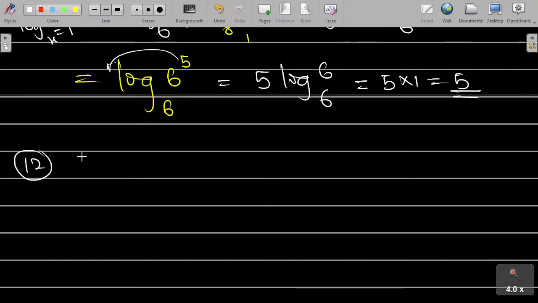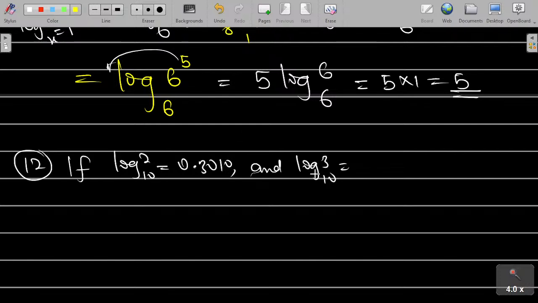So for number 12, it's also logarithm. We are given that log 2 base 10 is equal to 0.3010 and log 3 base 10 is equal to 0.4771.